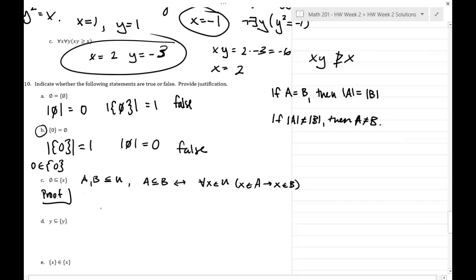Part C is true. So I'm going to start by writing out the definition of this subset.